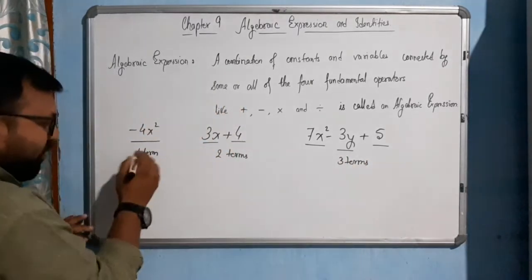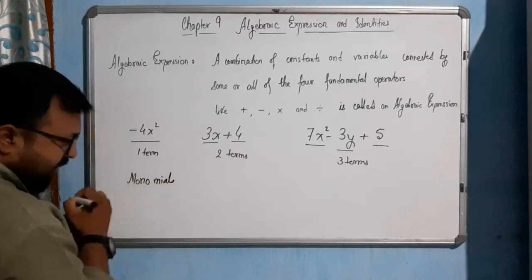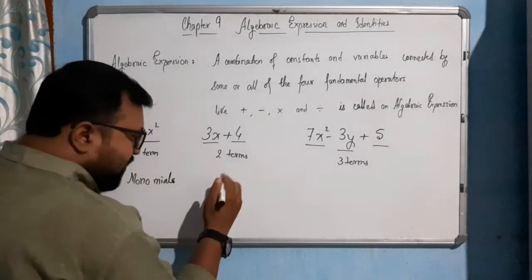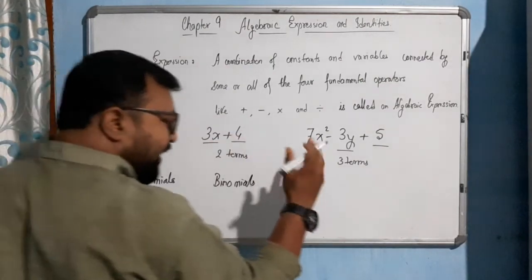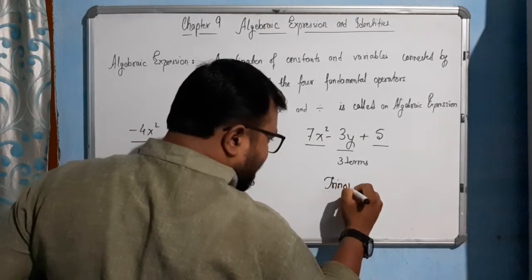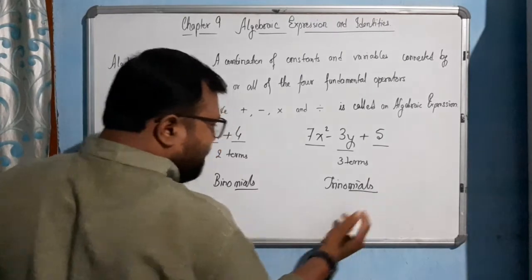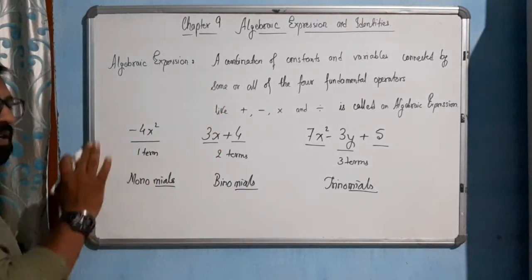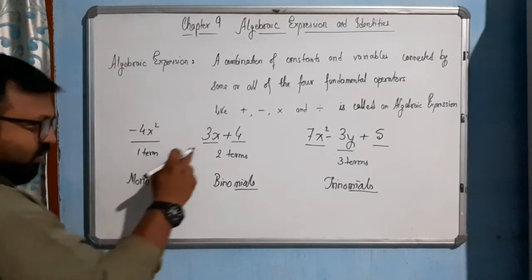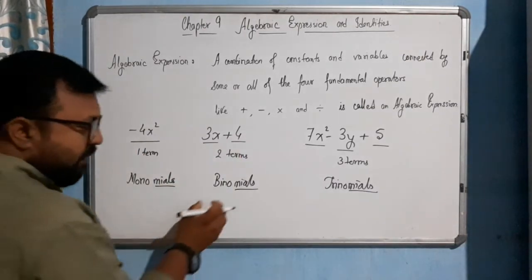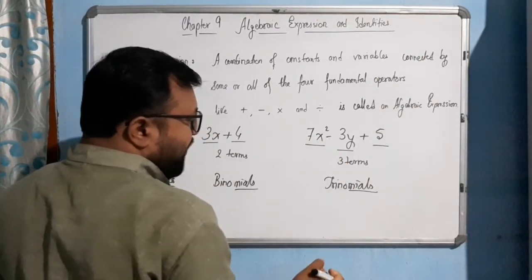So for one term, we say monomial. For 2 terms, we say binomial. For 3 terms, we say trinomial. Here mono means single, so for single we use the word mono, for 2 we use the word bino, and for 3 we use the word trinomial.